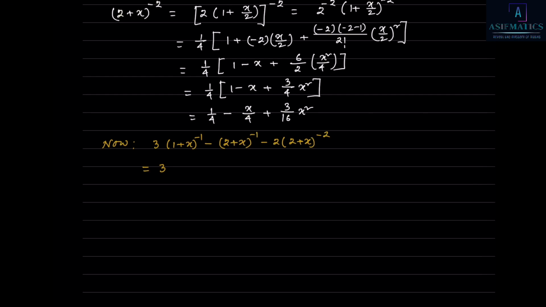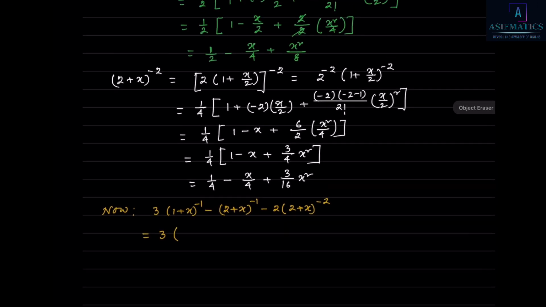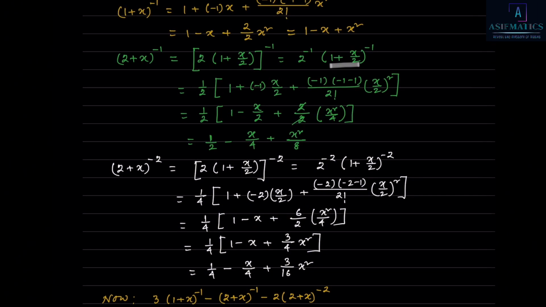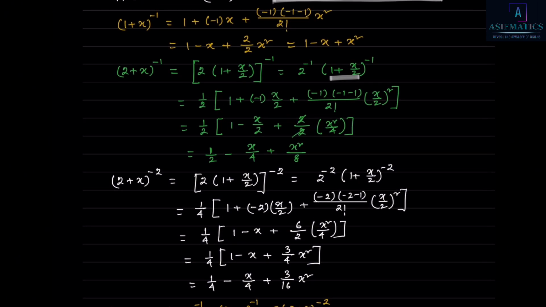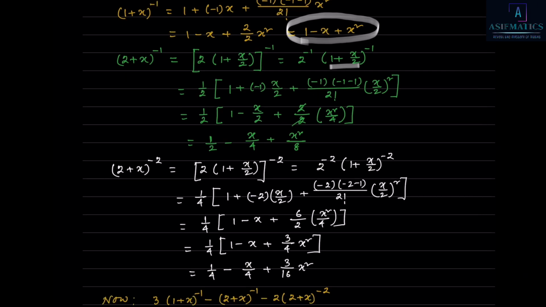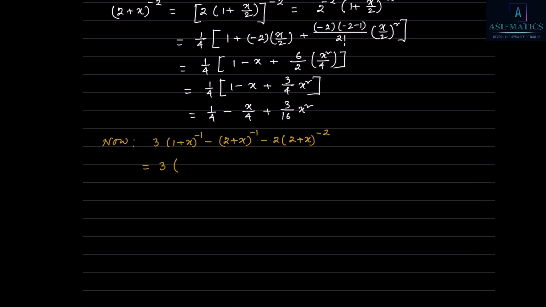We already know our 1 plus x is this one. This value is 1 plus x here. 1 minus x plus x square. So we can write 1 minus x plus x square minus 2 plus x to the power negative 1.